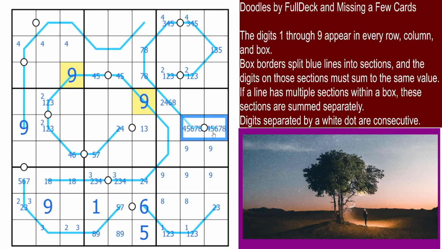That itself is 15. So this is between 4, 5, 6, 7. So is 8 possible? Because 8 means this should sum to 7, right? Which has to be 3, 4. Yeah, that's not possible. So 8 is not possible here. Teeny reductions we are doing.